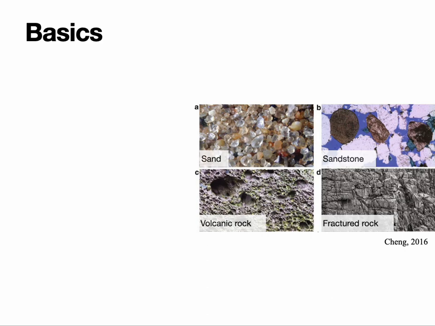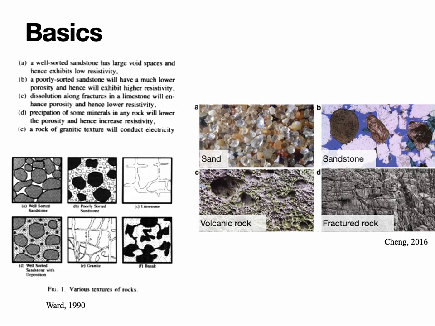And within this space, the fluid can be located. All of this rock texture will have an impact on the fluid distribution inside the rock, on the pore distribution inside the rock, and on the effective conductivity of the rocks in the subsurface.